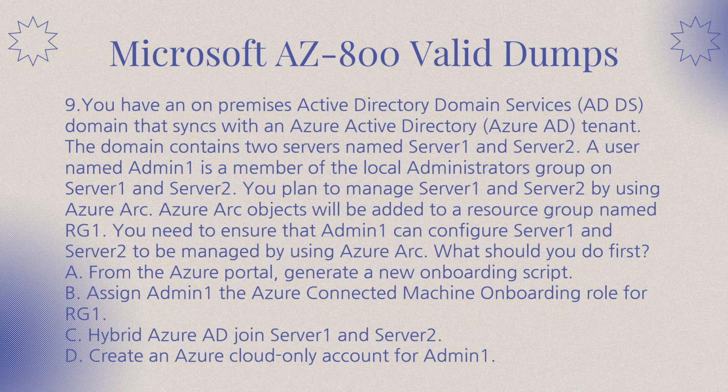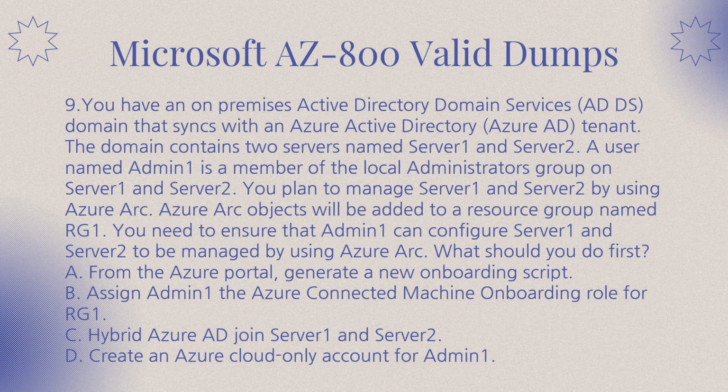9. You have an on-premises Active Directory Domain Services (AD DS) domain that syncs with an Azure Active Directory (Azure AD) tenant. The domain contains two servers named Server1 and Server2. A user named Admin1 is a member of the local Administrators group on Server1 and Server2. You plan to manage Server1 and Server2 by using Azure Arc. Azure Arc objects will be added to a resource group named RG1.